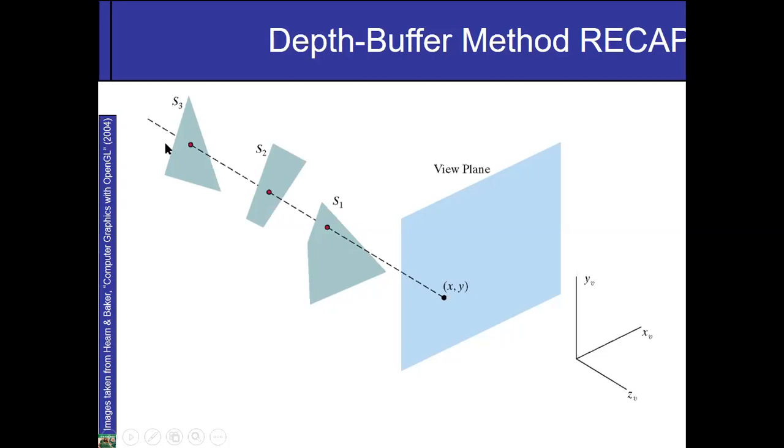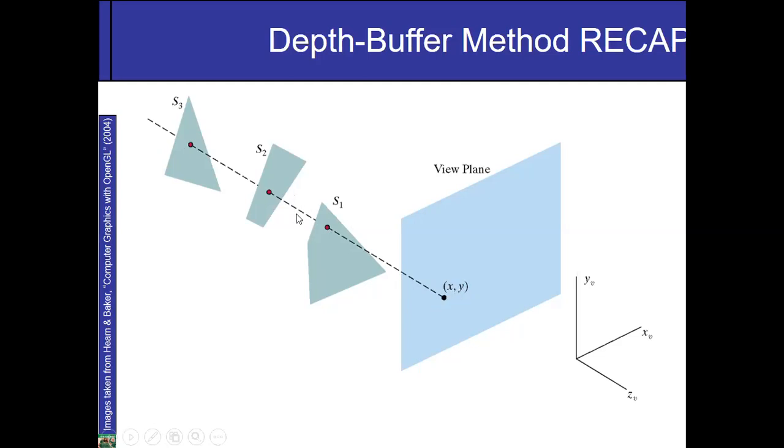You can imagine in front of you there are three pictures and you view them. You will only see the pixel of the first image, and in the same direction the pixel of the second image will not be seen, and the corresponding pixel in the third image will not be seen. So that is what it is saying. You will only see x comma y, that is S1's x comma y here.